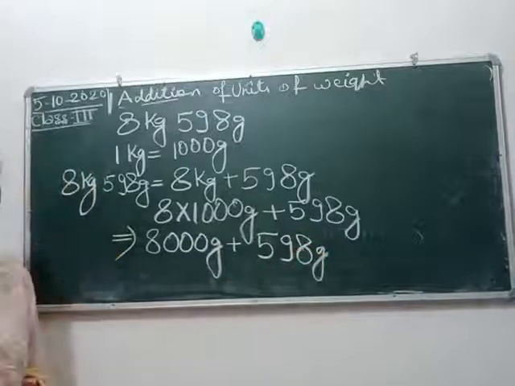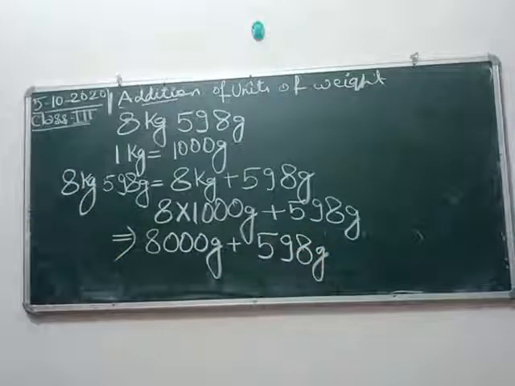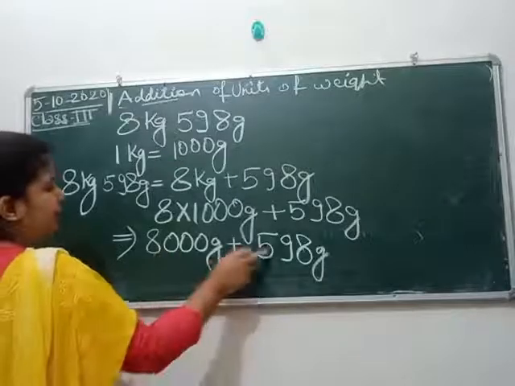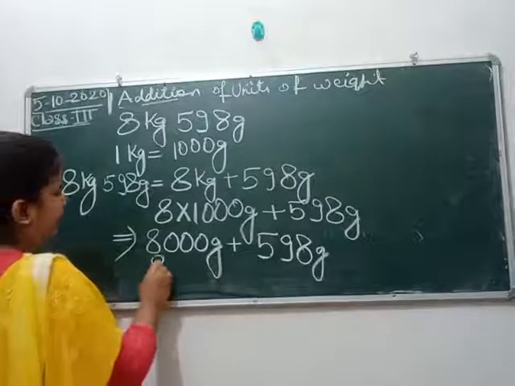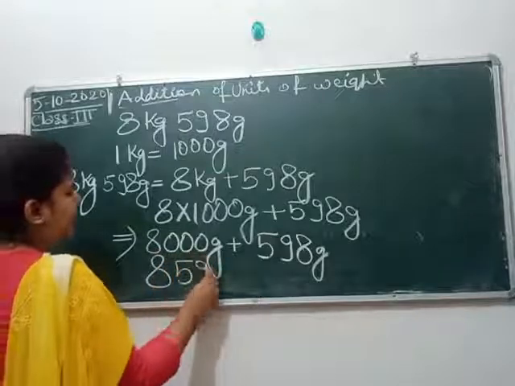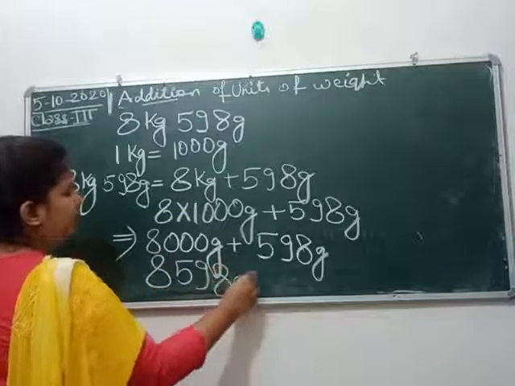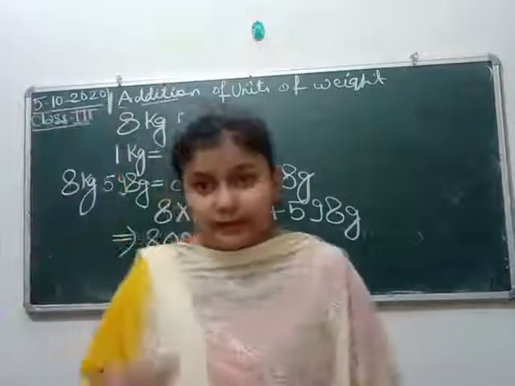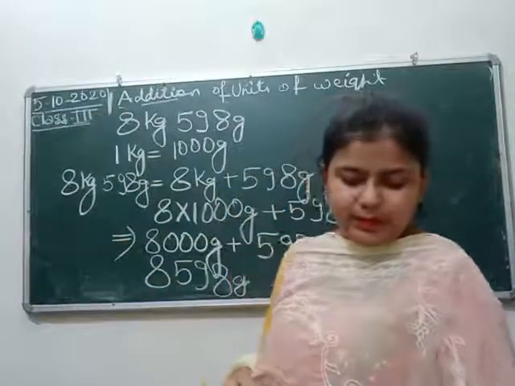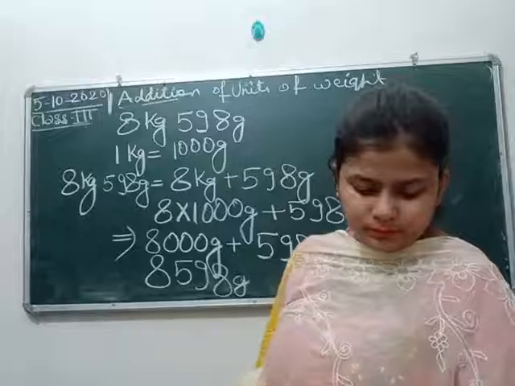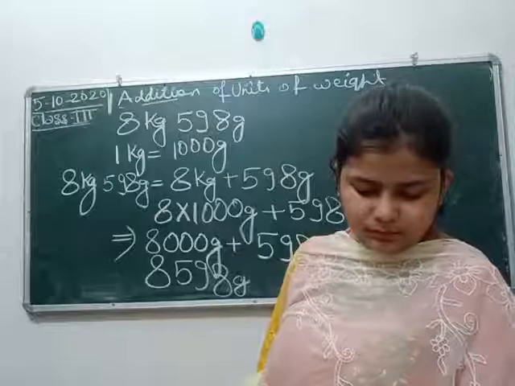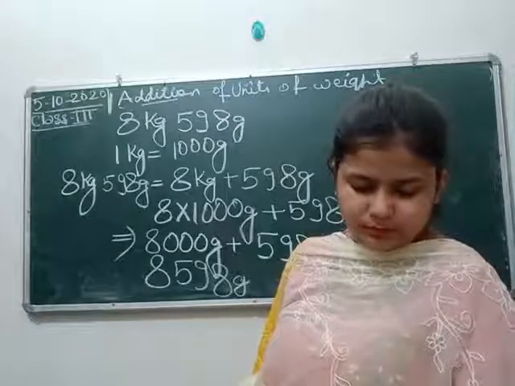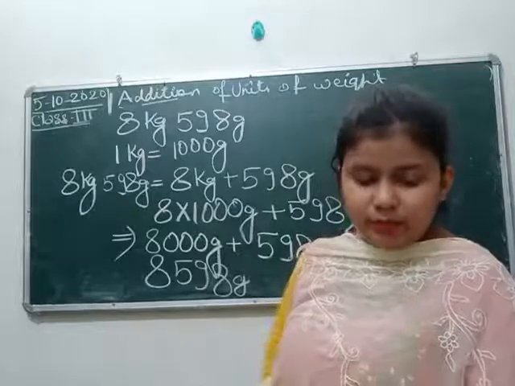When we add these two together, 8000 plus 598, we get 8598 gram. This is our answer. Good. Note it down.